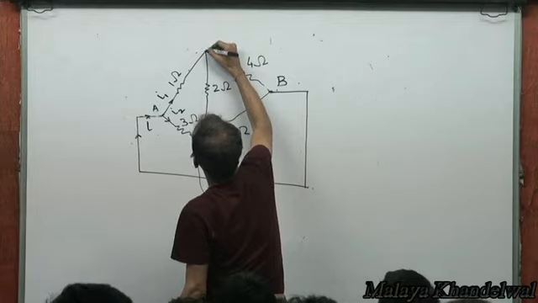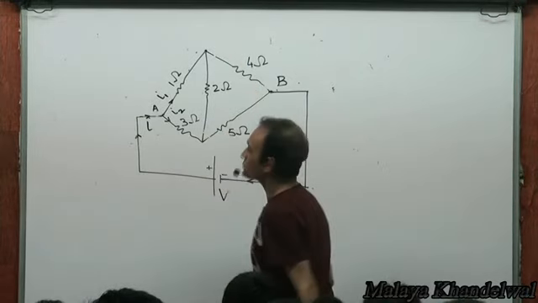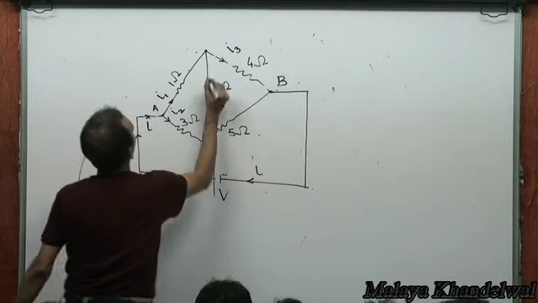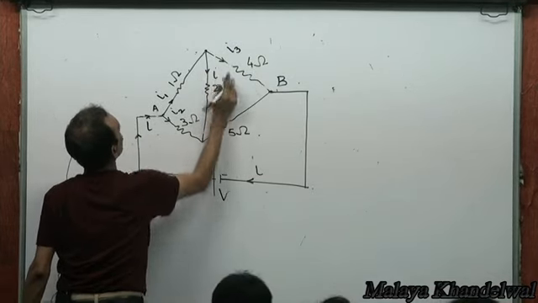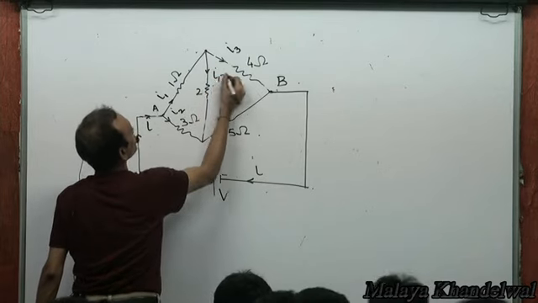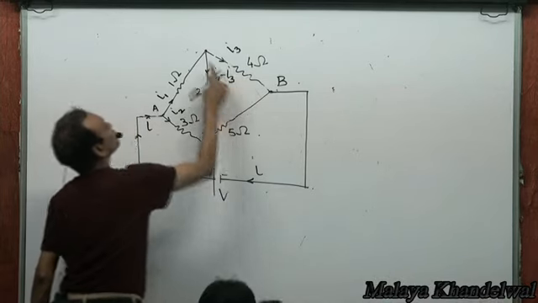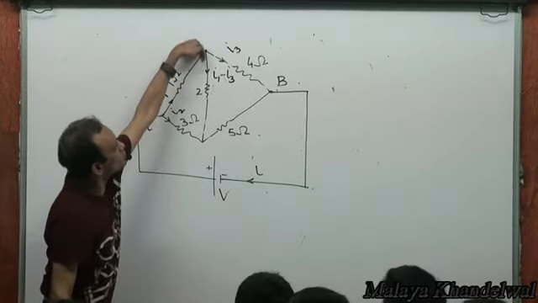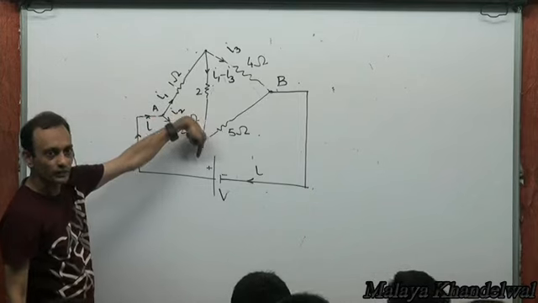This I1 goes here, comes to this junction, right? And say I3 goes here, and I1 minus I3 flows down to balance the current in this junction. Yes or no? I1 coming here, I3 leaving, so I1 minus I3 going in here, right?